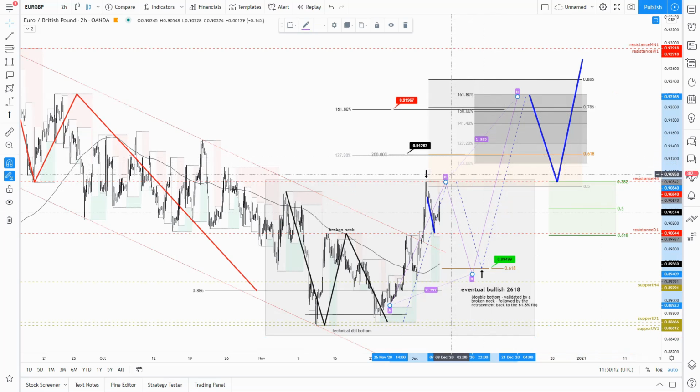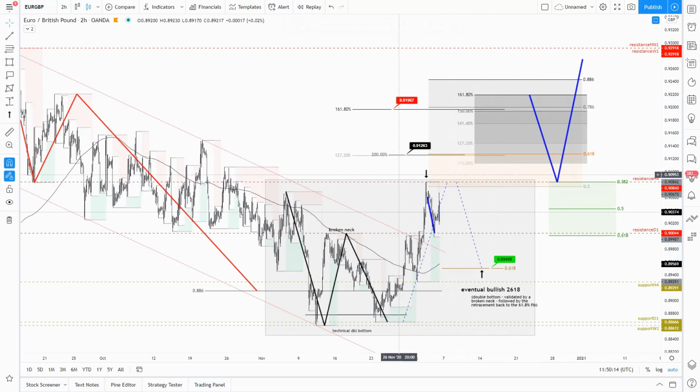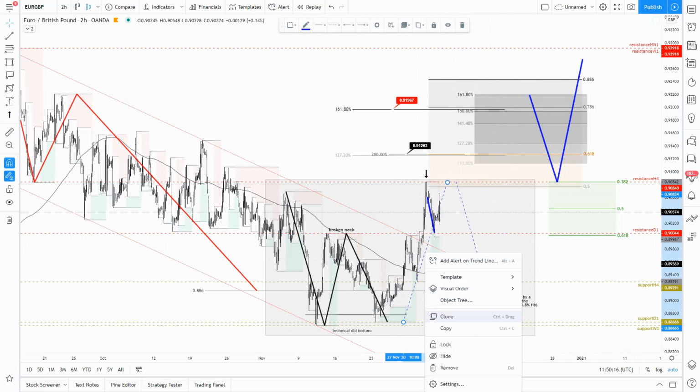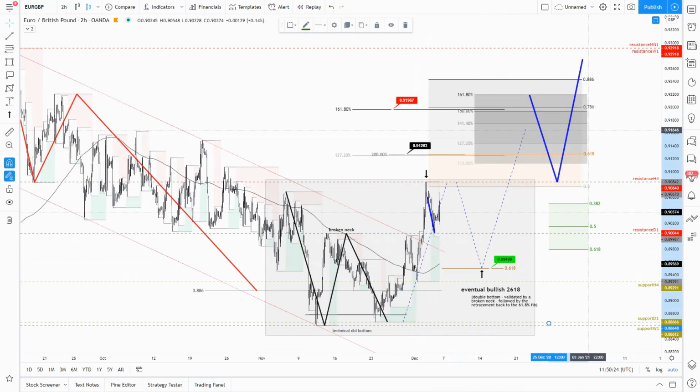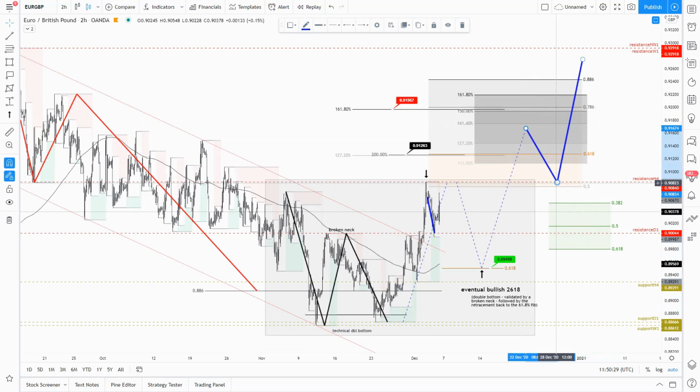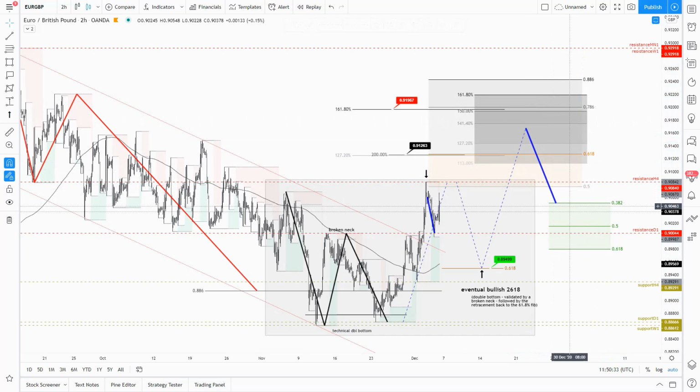Actually, let's put this a bit clearer. Let's actually clone this previous structure like this, and then a retracement from the symmetrical. Okay, so this is basically the default expectation for the 2618 if forged.